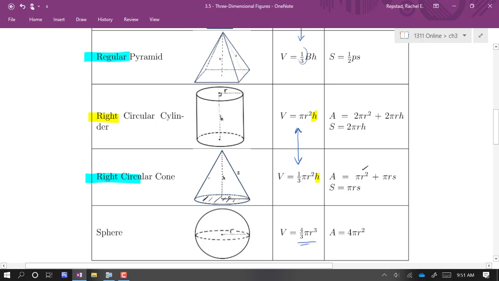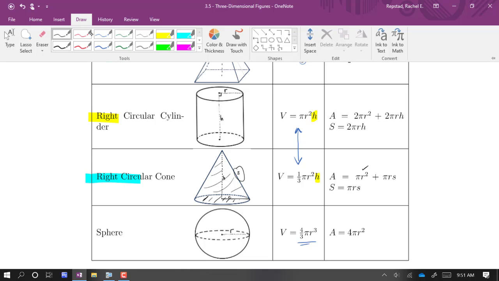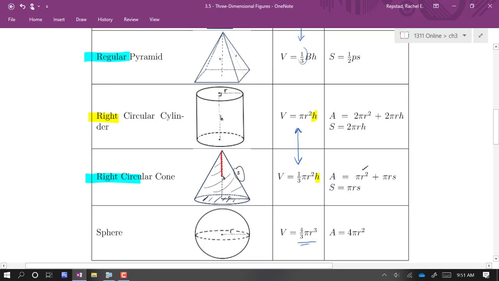That means that the pi rs, that's this area around, and we need little s, that's the slant height here, okay? When you're finding the slant height, note that there's a right triangle embedded, where one of the legs is the height, the other leg is the radius, and s is the hypotenuse.